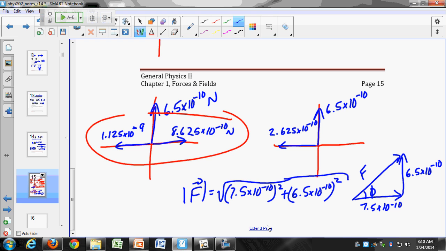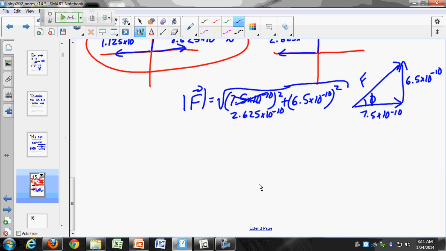Which changes this to 2.625 times 10 to the minus 10. I guess I should look at my notes. No, my notes are not correct, actually, so it changes this triangle as well. It looks like this now.